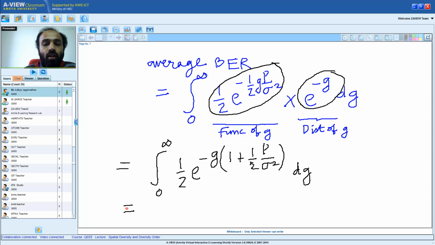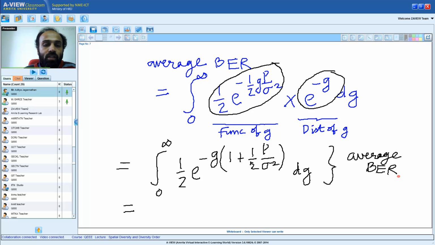Fine. Can someone now calculate the value of this integral, that is half e to the power of minus G 1 plus half P over sigma square dg? This is a simple integral. Can everyone see this? Can someone compute this integral? What is the average bit error rate? My claim is this integral is the average bit error rate.